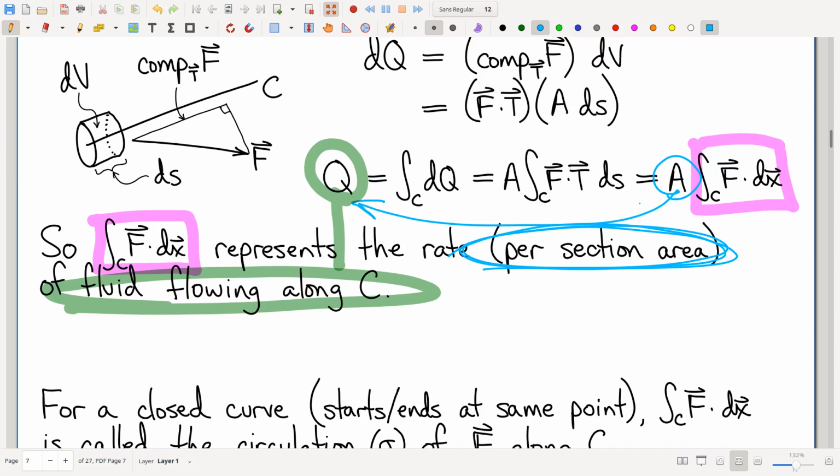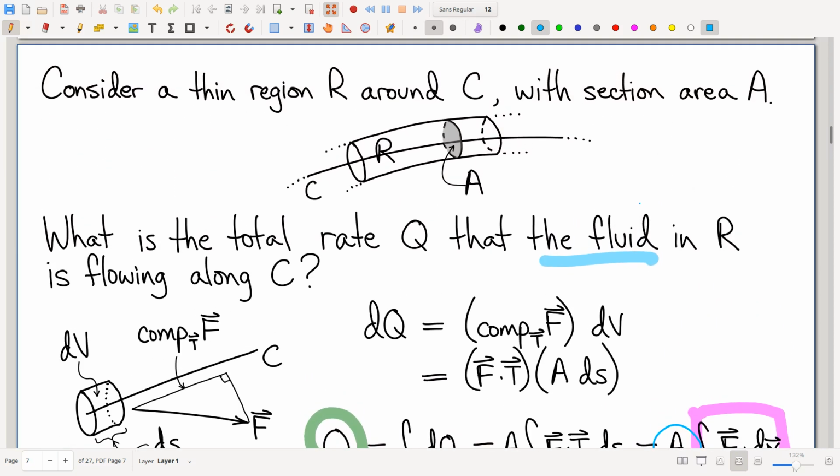Which, if you think about it, kind of makes sense, right? I mean, obviously, the bigger the cross-sectional area is, the more fluid there is. More fluid means more fluid to be flowing along the curve. So, obviously, this area participates in the form of just being a multiplicative factor.